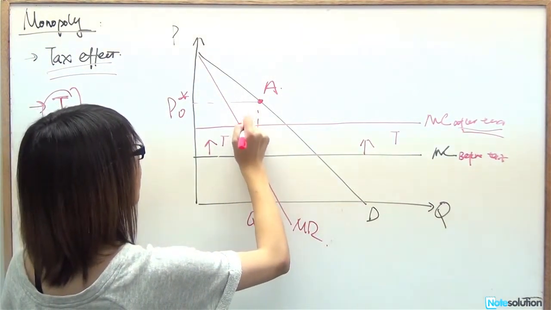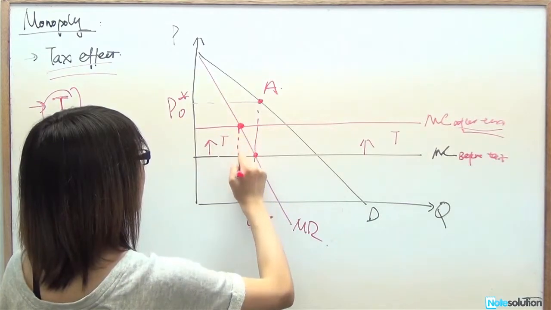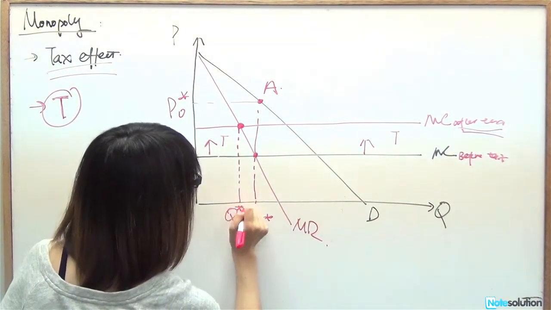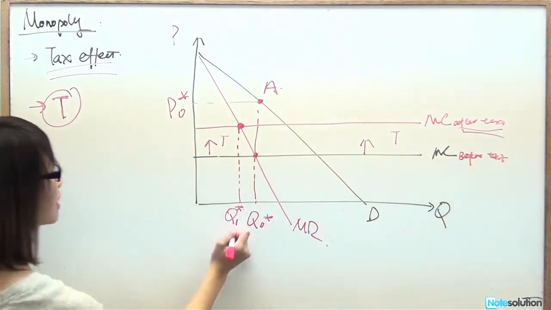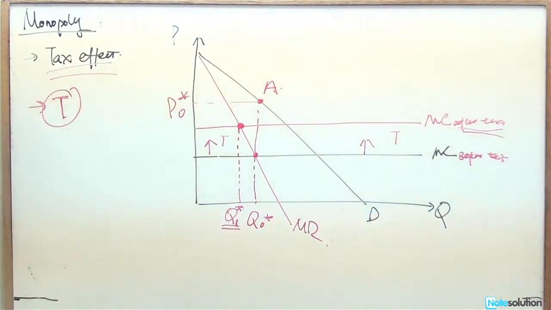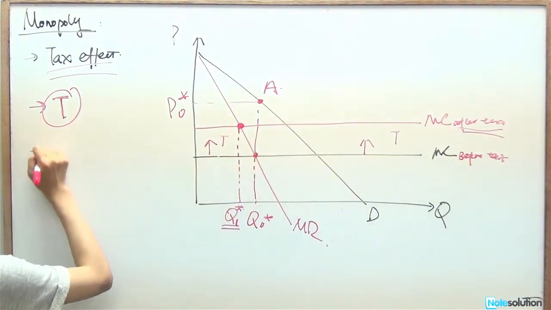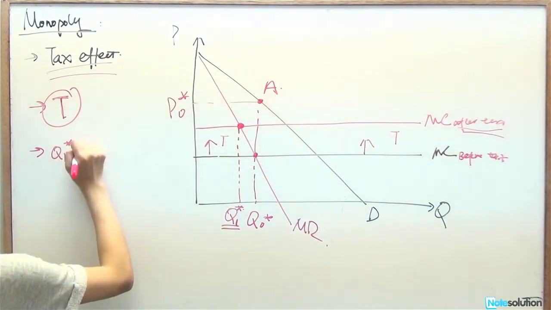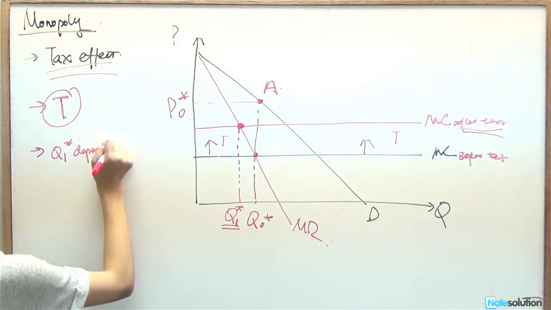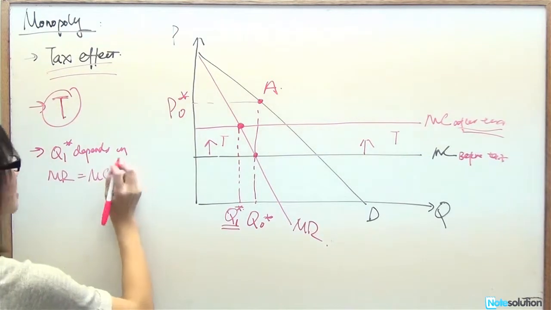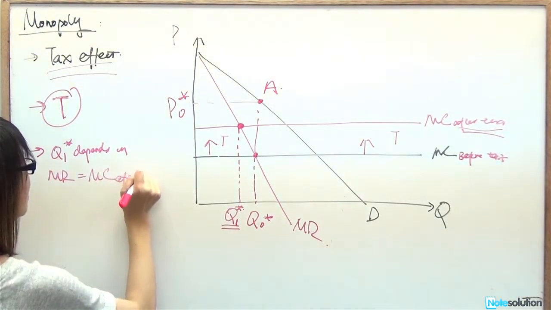The intersection, corresponding to Q1 star, will be our new equilibrium quantity after tax. Q1 star depends on marginal revenue equal to marginal cost after tax.